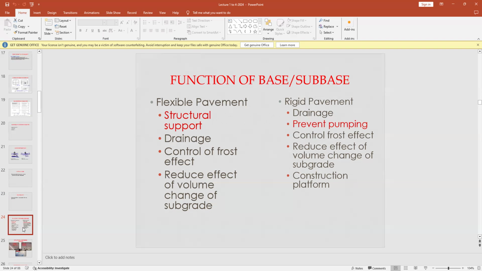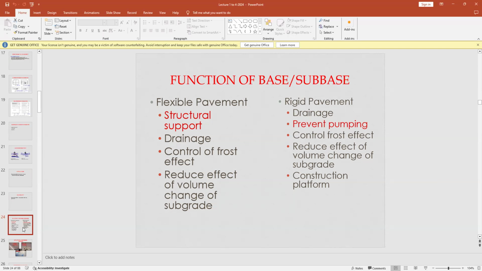If there is a high water table and you place the slab just on the subgrade without a base or sub-base, whatever you call it, this water will come out of those joints due to capillary action, because the joints are very thin.